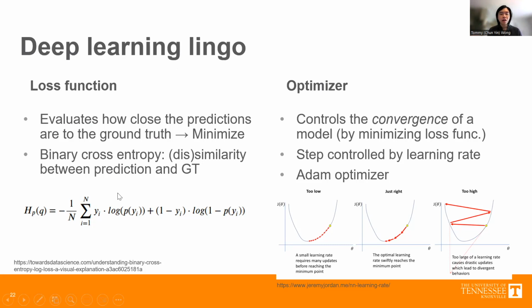So the loss function that most people use and what we'll be using is the cross entropy function.